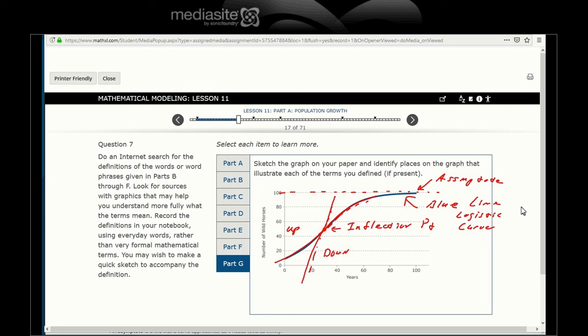So as we go left to right and approach the inflection point, the curve is concave up. As we pass the inflection point, the shape of the curve becomes concave down, and it will increase over time, years, asymptotically to the limit, the population limit, the value limit.